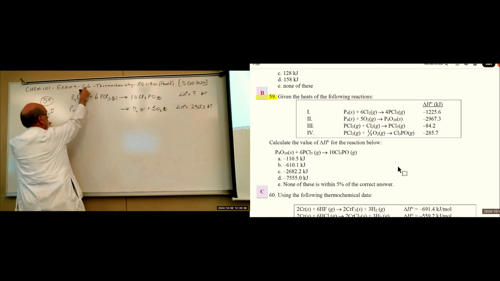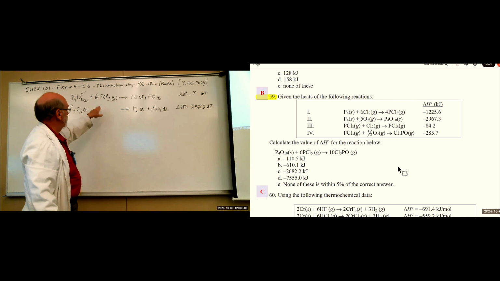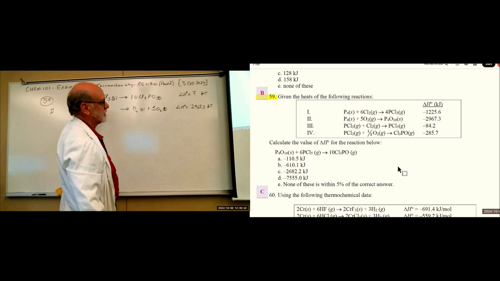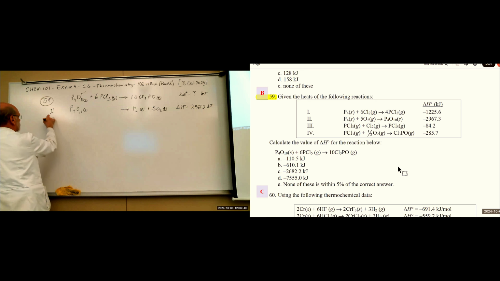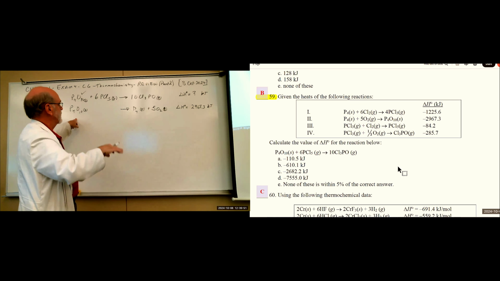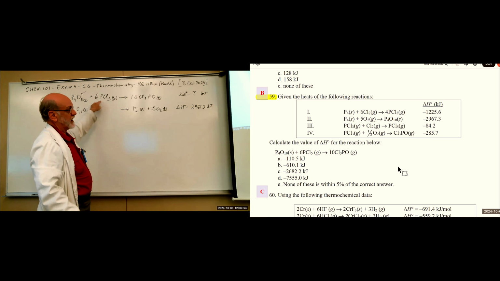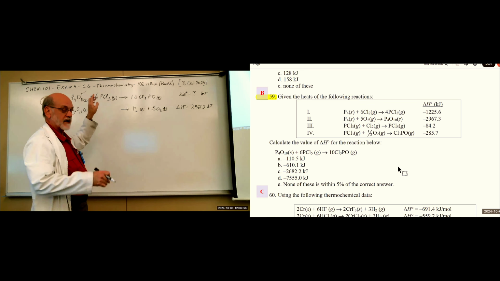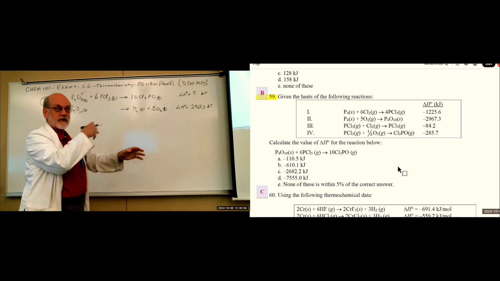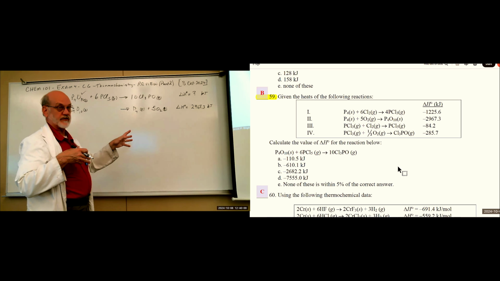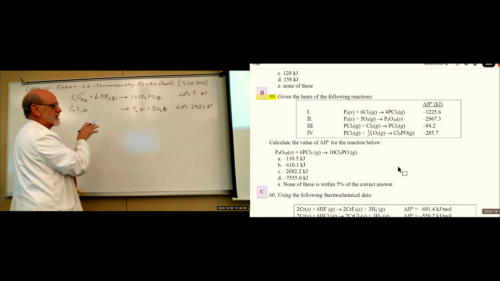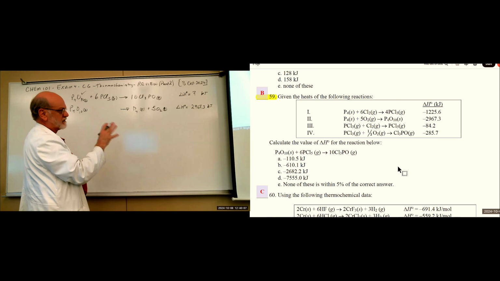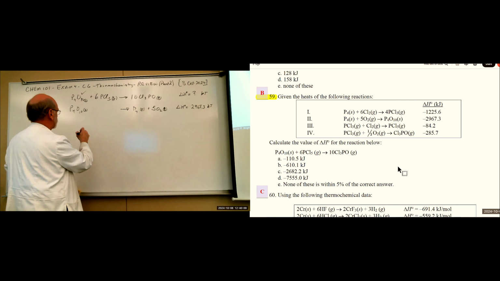All right, that takes care of this one. How about PCl5? Which one has PCl5? Number 3. PCl5, number 3. But it also has to be flipped. There are 6 PCl5s. So we got to do 2 things. We have to invert the equation and multiply by a constant. So I'm going to write it up here, flipped first, and then multiplied.